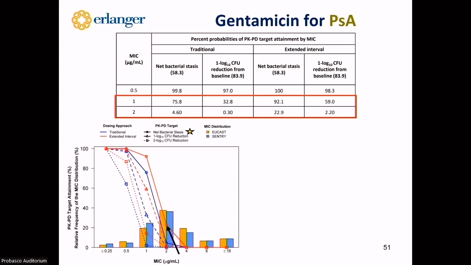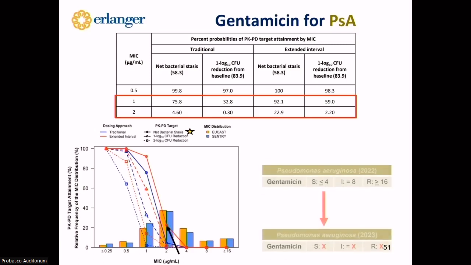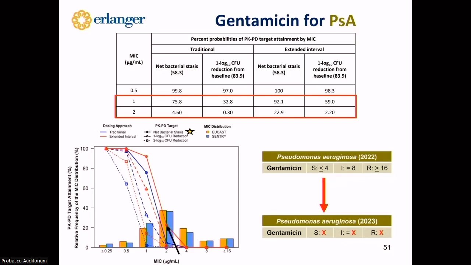So most of the time, this drug is ineffective towards Pseudomonas, to put it simply. For that reason, CLSI no longer recommends using gentamicin for pseudomonal infections, period. And they don't even offer breakpoints. They removed them, so it is completely erased.